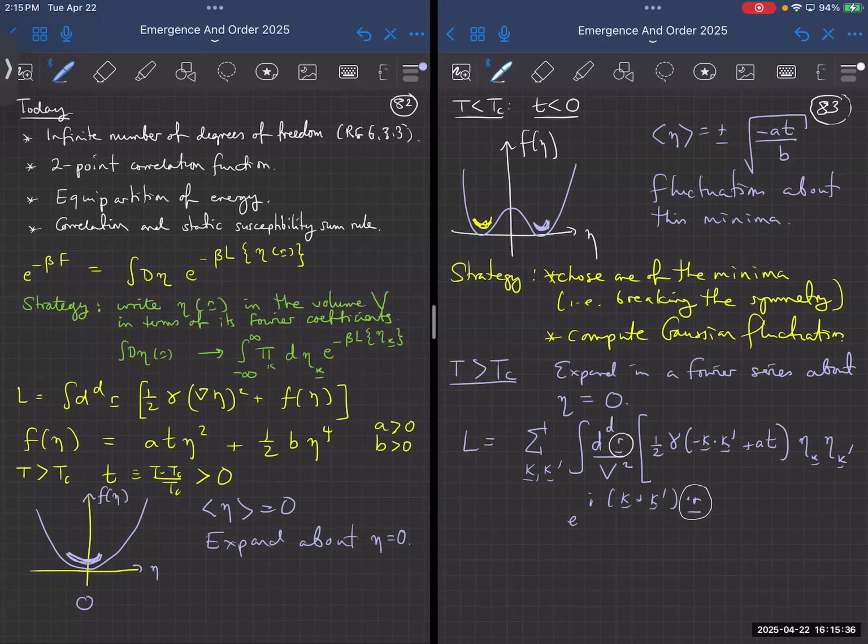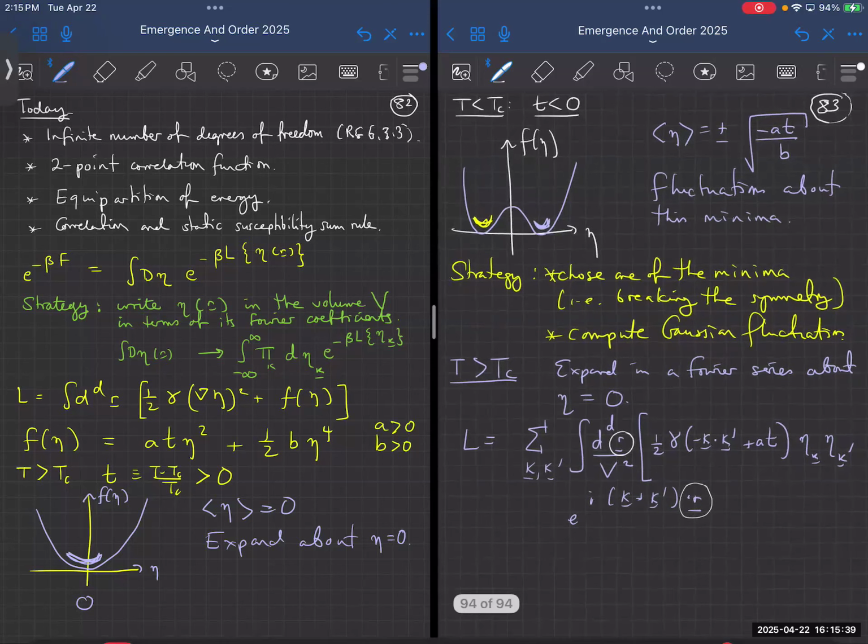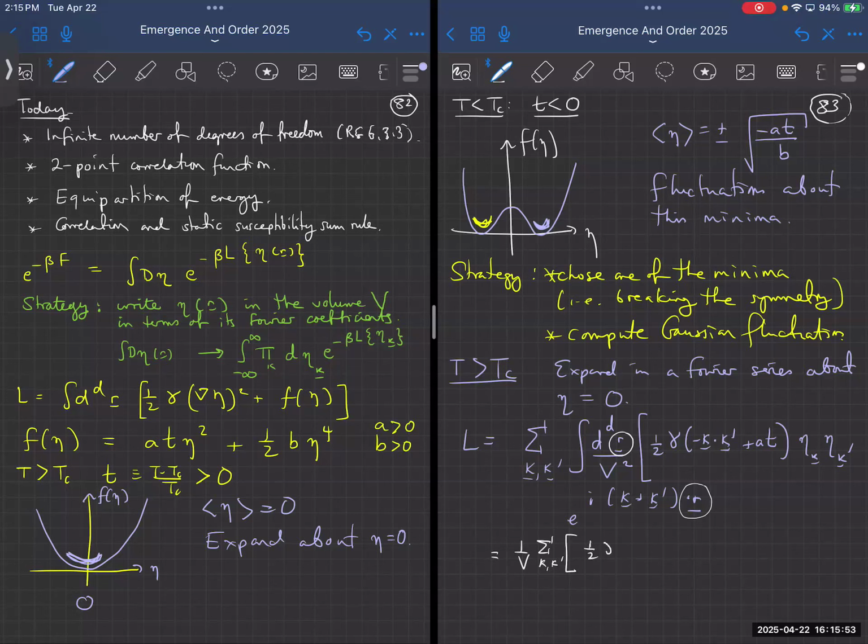So what we're going to get when we do that is we're now going to get 1 over V, then the sum over k and k prime, and then 1/2 gamma, and then minus k dotted with k prime, plus at, eta k prime.